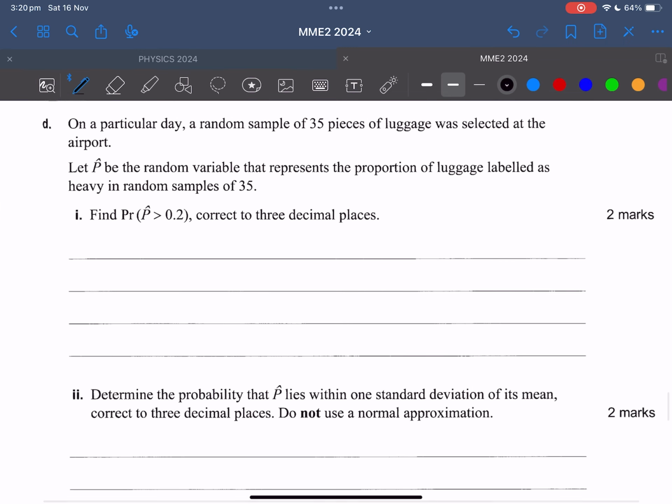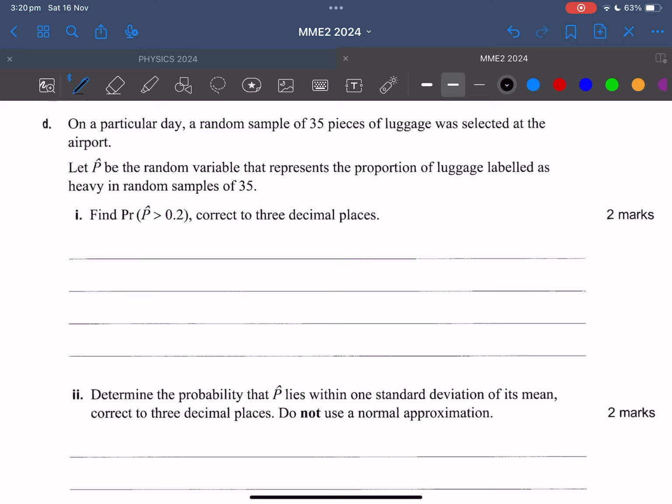On a particular day, a random sample of 35 pieces of luggage was selected at the airport. Let P hat be the random variable that represents the proportion of the luggage labeled as heavy in a random sample of 35. Find the probability that P hat is greater than 0.2 to 2 decimal places.